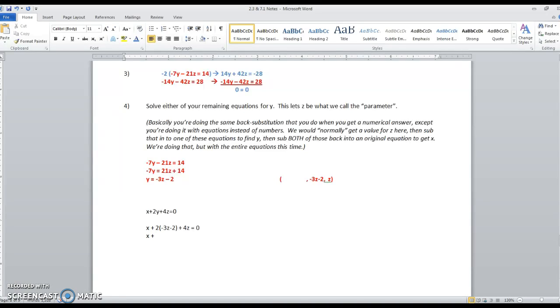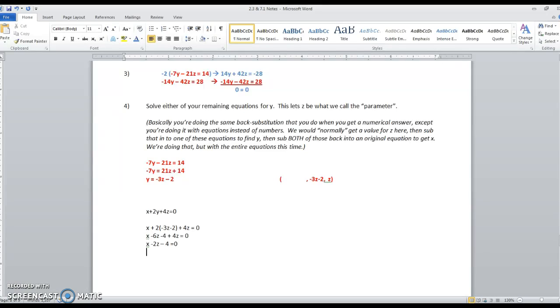First thing I might do is distribute, so I'd have x minus 6z minus 4 plus 4z equaling 0. So double check my work there, -6 and -4, that looks good. Now I might want to combine up my z's, so if I do the -6 and the plus 4, that would be -2z's and a minus 4 on this side.